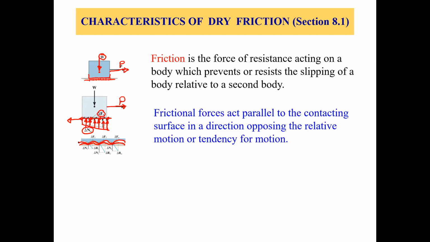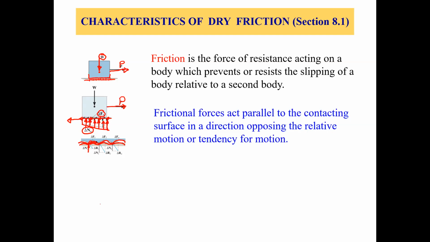The normal force and the friction force both are being applied at those contact points. As you can see here, let's start from here. This is delta N1, and this is your delta F1. So delta F1, delta F2, delta F3 goes up to delta Fn, the increments of the friction force, and similarly increments of the normal force, delta N1, delta N2, delta N3.